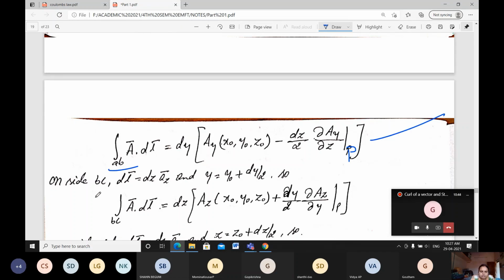In the same way, for the side BC, dl is dz az and y is y0 plus dy by 2.